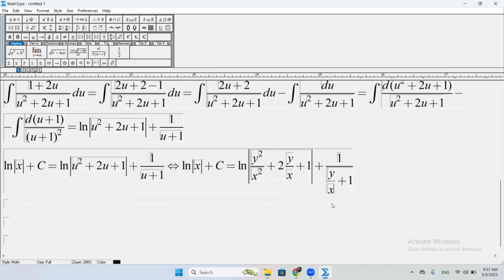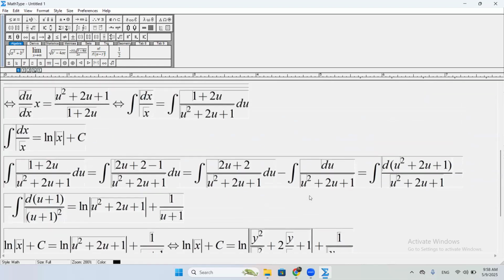I don't see any chance to turn it to explicit form, so to express y explicitly. So we leave this answer like this. Any questions about this exercise? No questions. Okay, no questions.